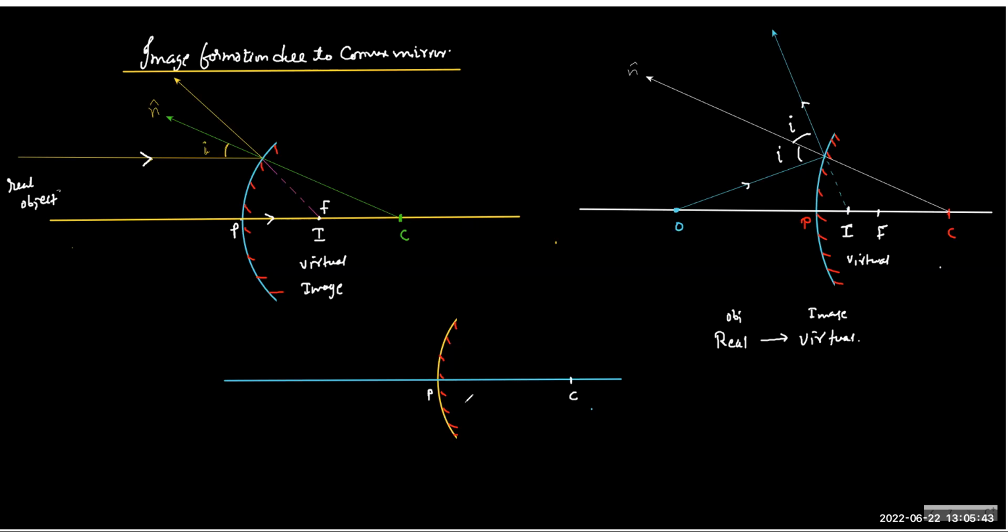And for making a virtual object, what do we need to do? We need to make the incident ray converging, something like this, correct? The ray is coming this way. You can draw more lines, but it really doesn't matter. So if these are the incident rays, if you trace them back, will they meet? The answer is no.